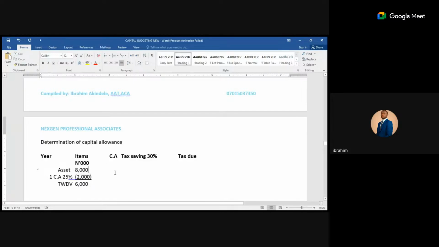So this will be 2,000 as a capital allowance. So what is the tax savings? Tax savings will be 30% of the capital allowance. What do we have? Yes, 600. So tax due, don't forget that it is in arrears.